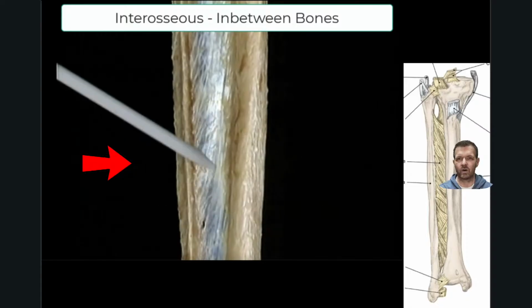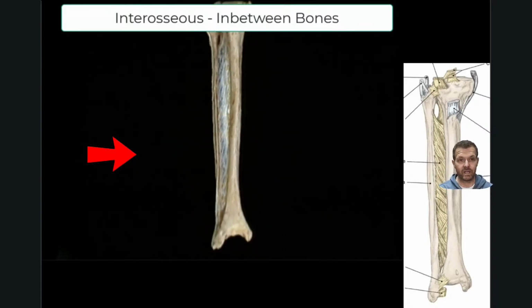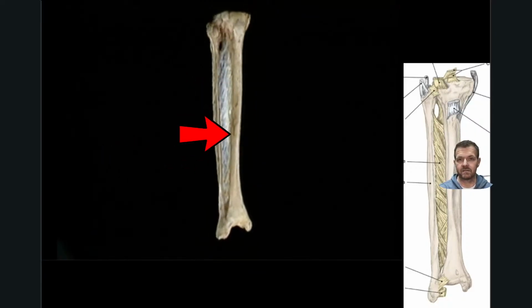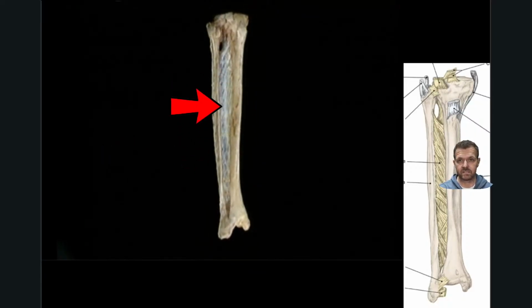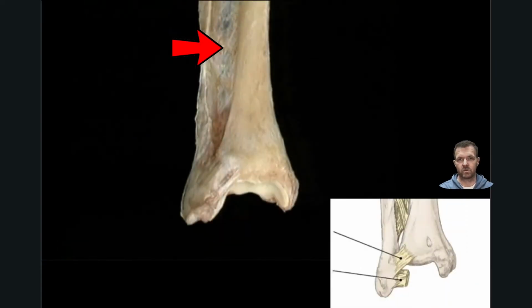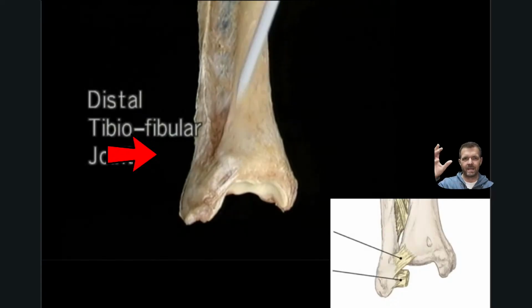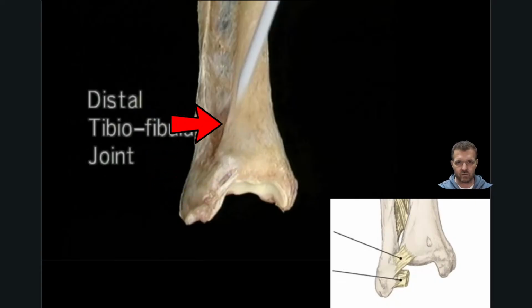So that's your interosseous membrane, in between the bones. Really, really tough stuff that is. The bones will break before this does. There's your proximal tibiofibular joint, which we'll talk about when we get to the knee, and there's the distal. Remember that proximal is towards the body, distal away. So this is the distal joint, and then there's the ligament just there.